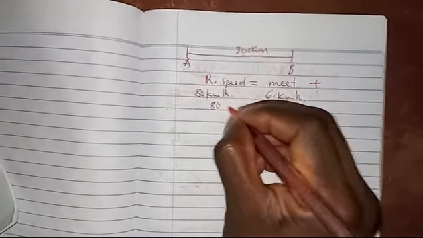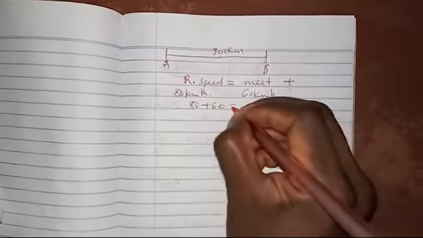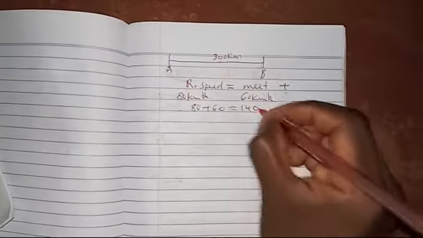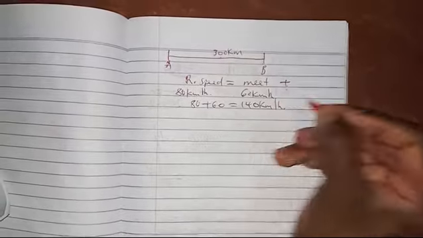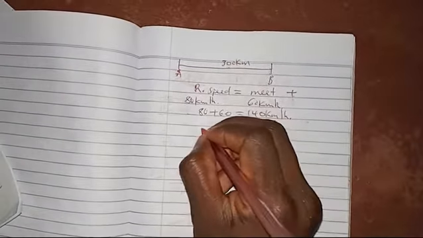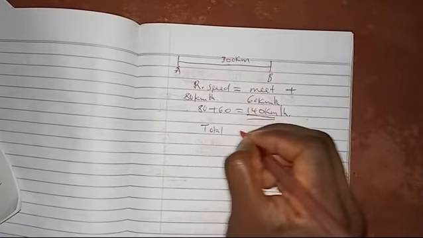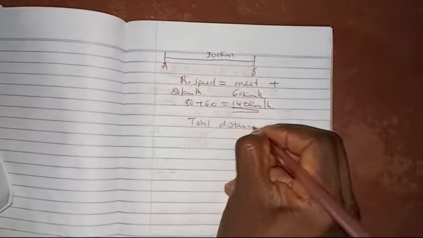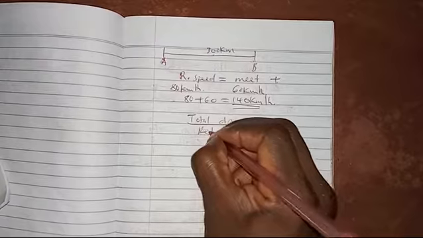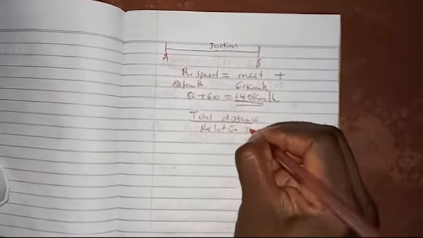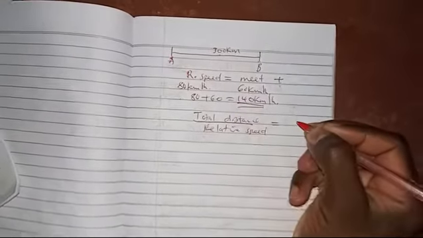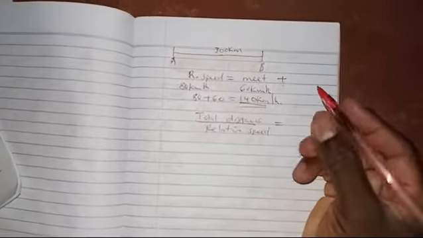Relative speed will be 80 plus 60, which is 140 kilometers per hour. So the time taken for the vehicles to meet will be the total distance divided by relative speed. That will give us the time that the vehicles met.